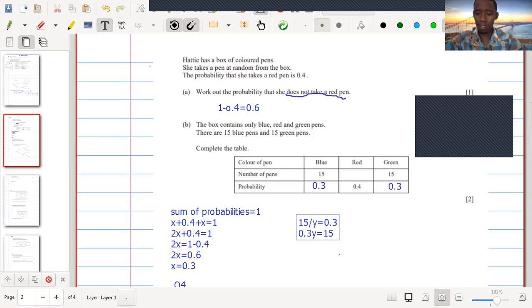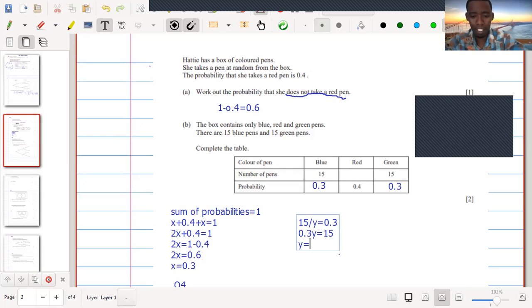Then dividing both sides by 0.3, I'll get y equal to 15 over 0.3. What's the answer? Let me compute on my calculator here. 15 over 0.3, I'll get 50.